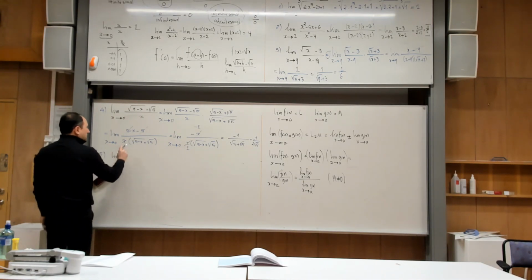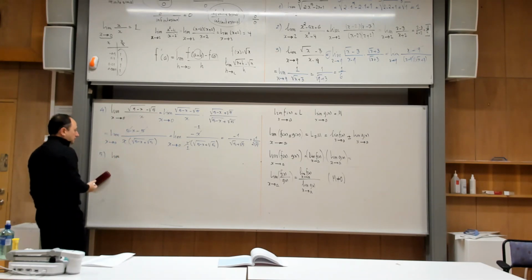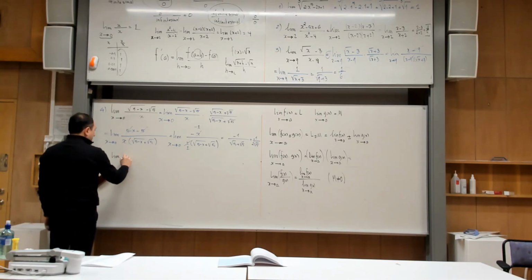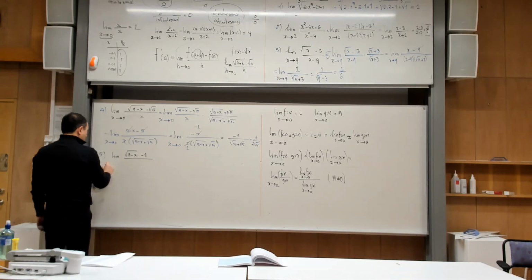Number 5. So, for example, let us put square root signs both in the numerator and the denominator. Let me, for example, write square root of 3 minus x, minus 1 in the numerator. I'm supposed to send x to 2.